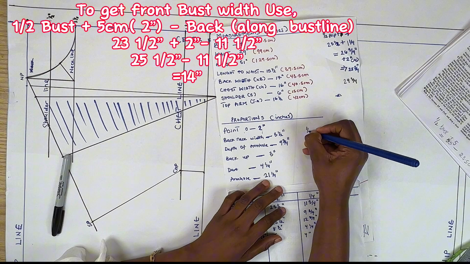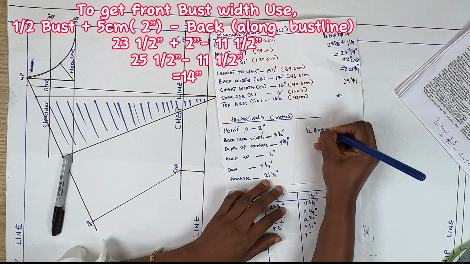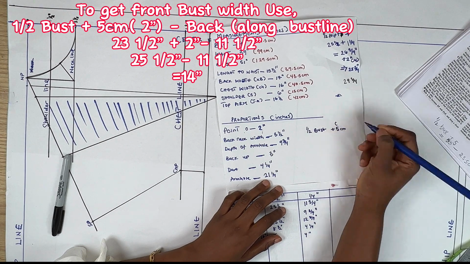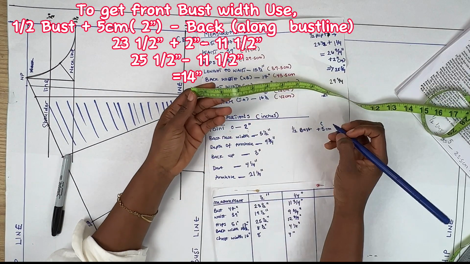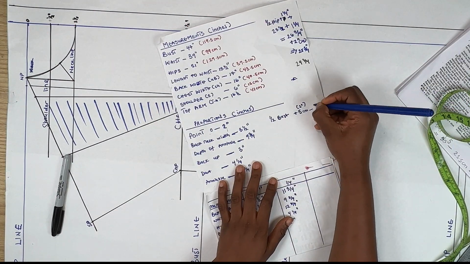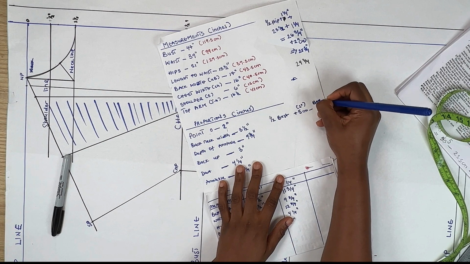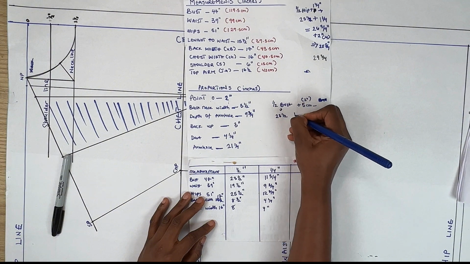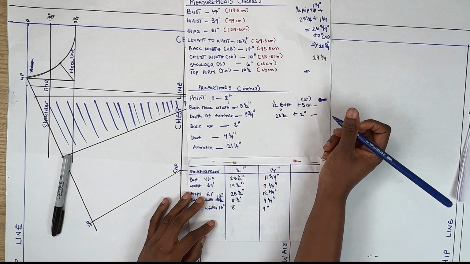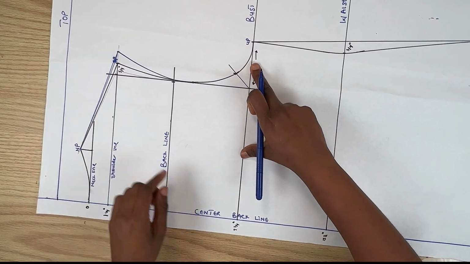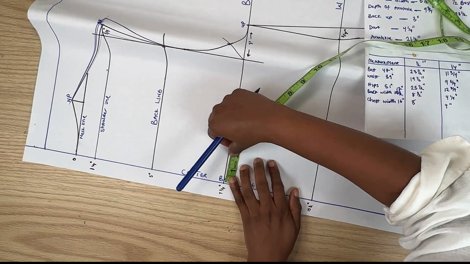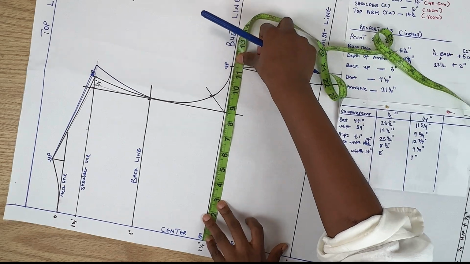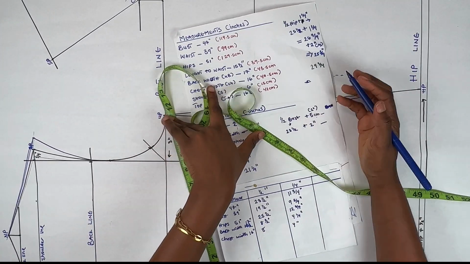This is how we're going to get the bust width of the front. We're going to use half bust plus 5 cm, which is 2 inches, minus the back. In this case, half bust is 23.5 plus 2 inches minus the width on the back along the bust line. This measurement is 11.5, so minus 11.5.